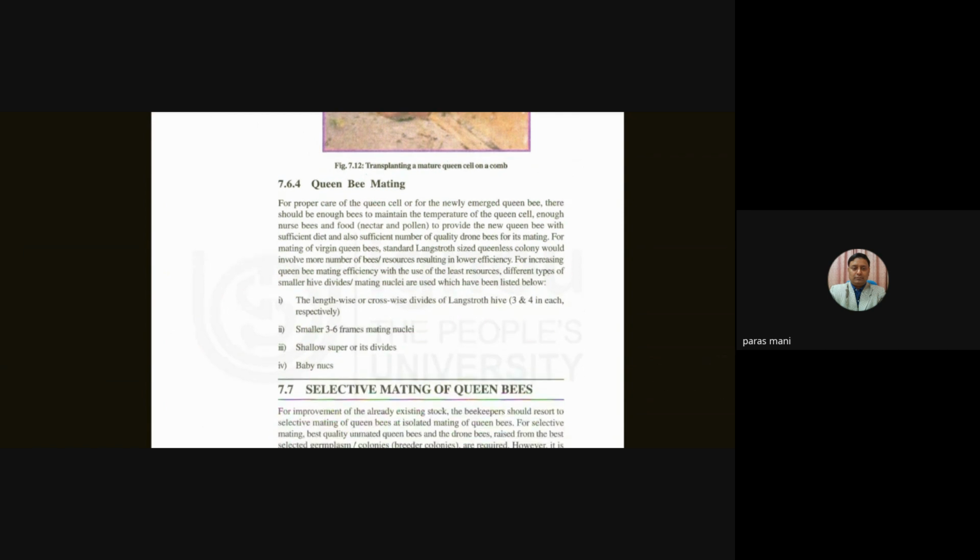For mating, it is very important because these queen bees carry the sperms of drones as well. If we allow natural conditions, the drones from other colonies may also mate with these bees. Those drones may be from undesirable colonies. So such characters may also be transferred to the next generation through these queen bees, which lay eggs in that colony.